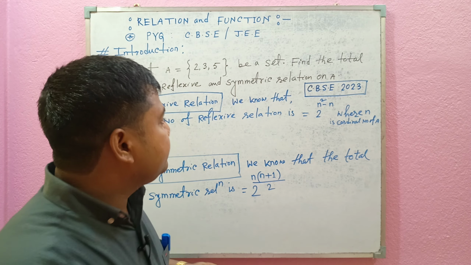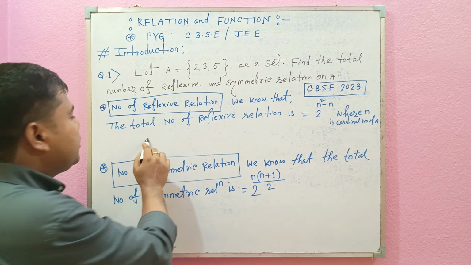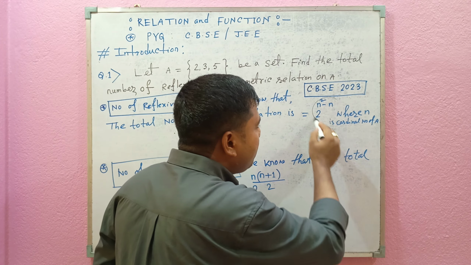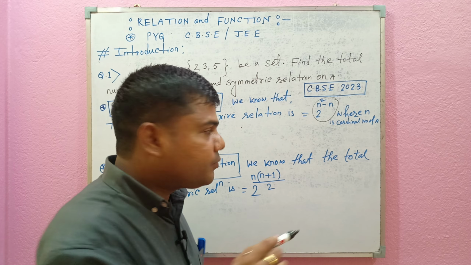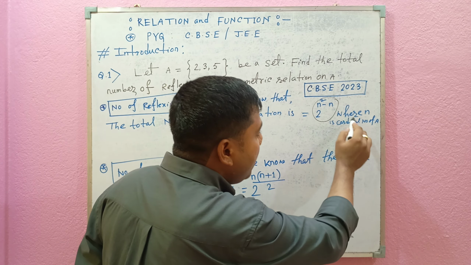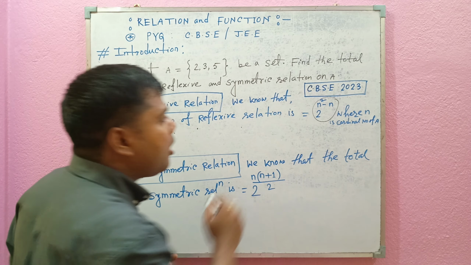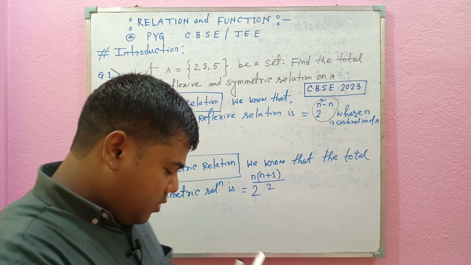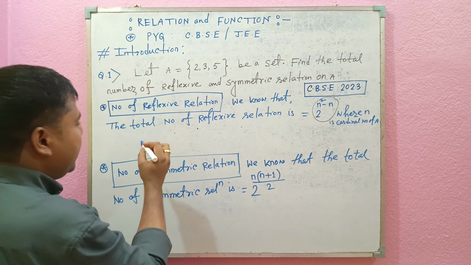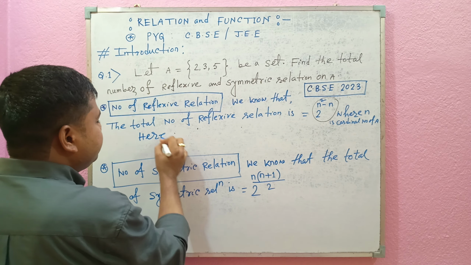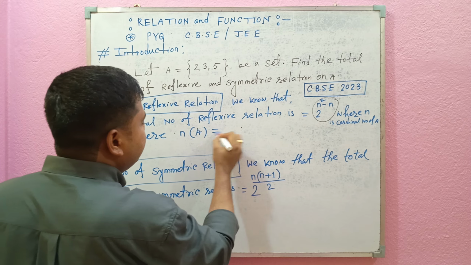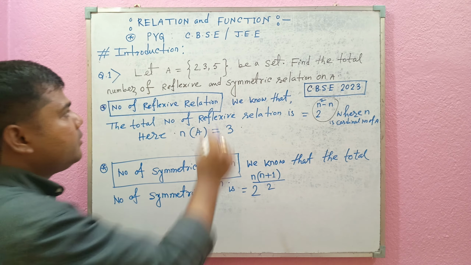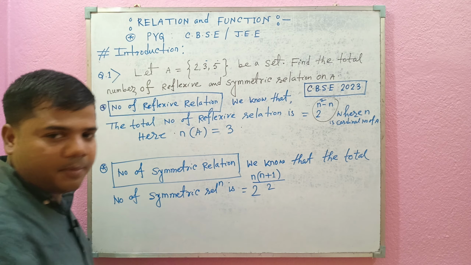We know that the total number of reflexive relations is 2 to the power n square minus n, where n is the cardinal number of the set A. What is the cardinal number? The cardinal number of A, that is n(A), is 3: 1, 2 and 3, three elements.